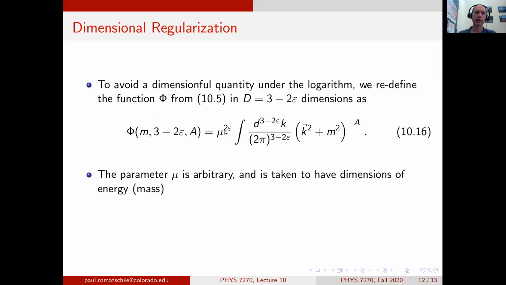The scale mu here is completely arbitrary. We just put it in there such that we don't have a logarithm of a mass scale. The only requirement is that indeed this mu also has mass dimension 1, such that it can properly cancel the mass dimension that was appearing in the logarithm earlier.